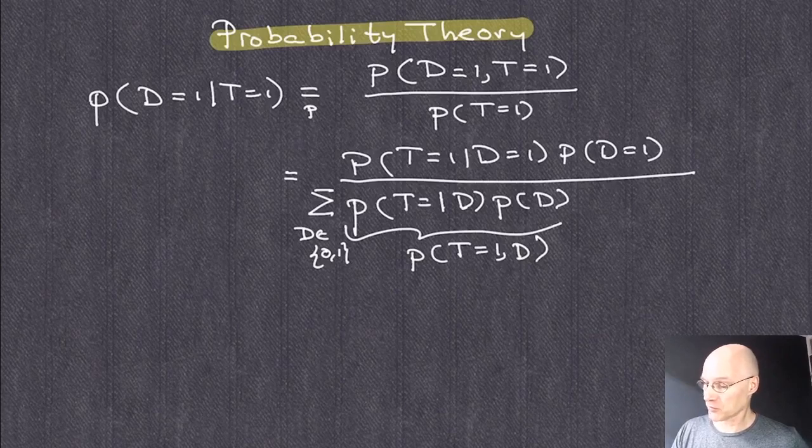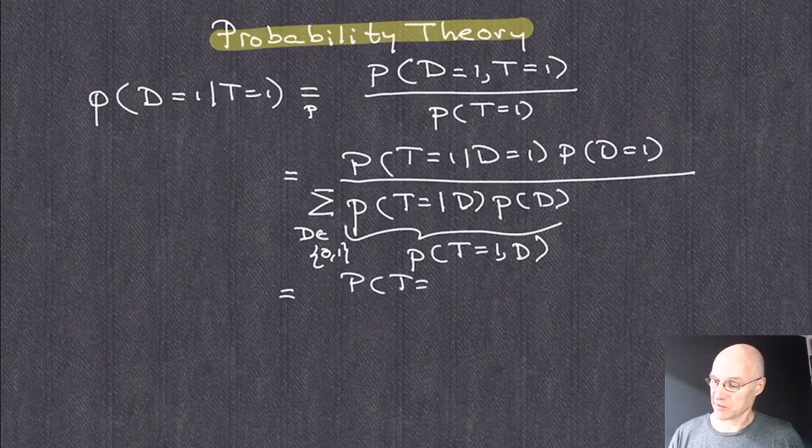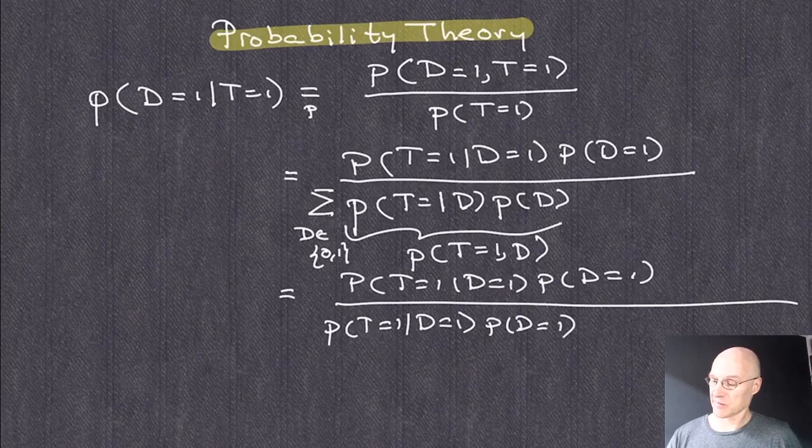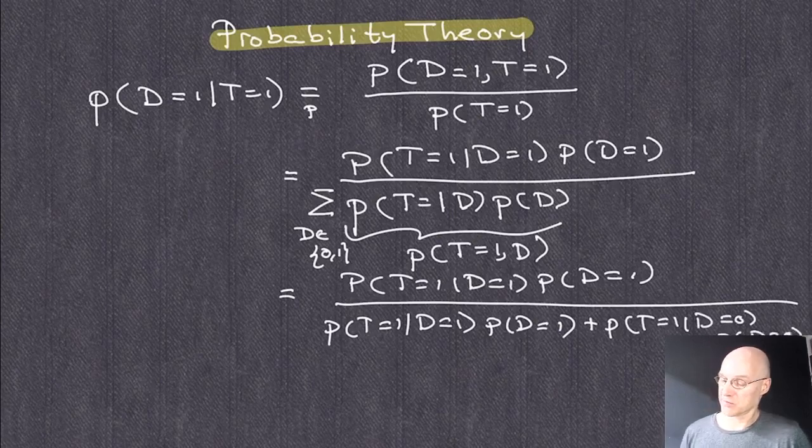This is of course the product rule and the marginalization rule, and I can write this as p(t=1, d=1) p(d=1), and just write this all the way out: p(t=1 | d=1) p(d=1) plus p(t=1 | d=0) p(d=0).